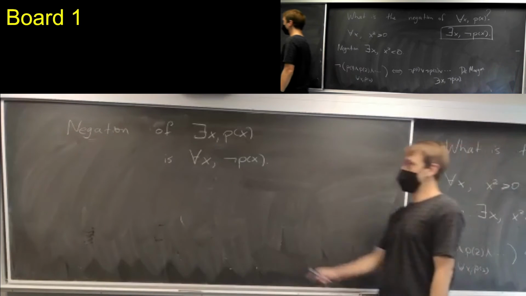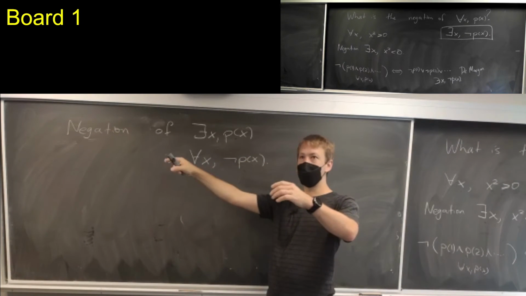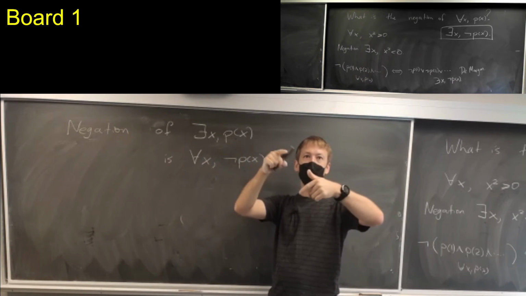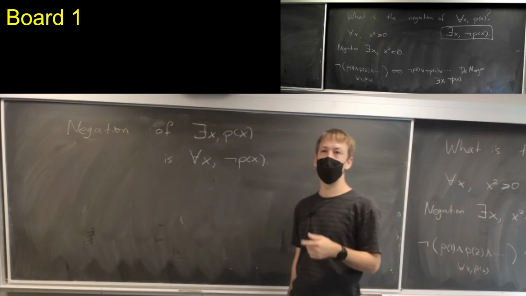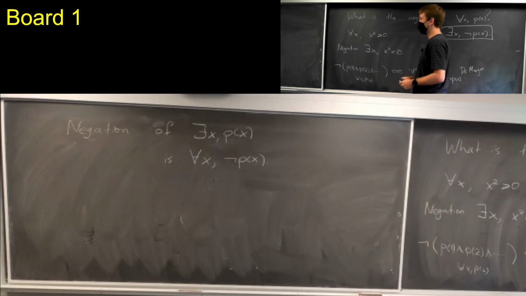You can think of this as a big OR with many things in it, and when I negate an OR, I get an AND where I negate all the little statements in it. Okay, any questions?